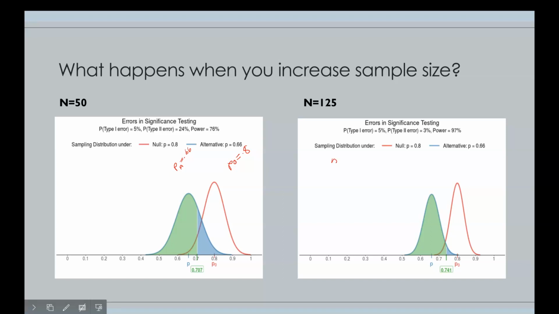If I keep my alpha the same and I increase my sample size, I decrease my variation, so there's less in the tails, and that decreases the chance of making a type 2 error, which therefore increases the power of the test.